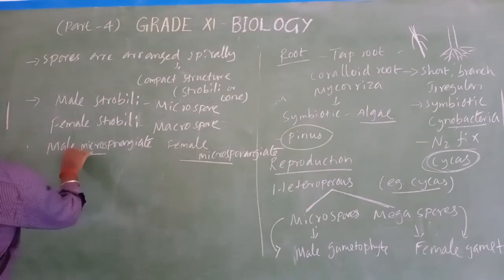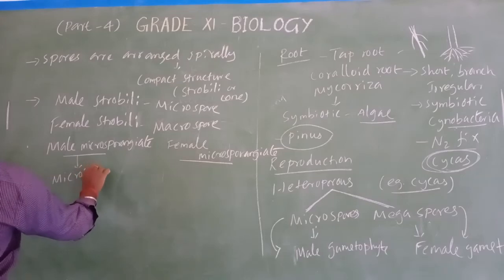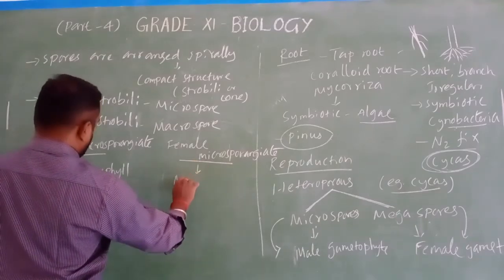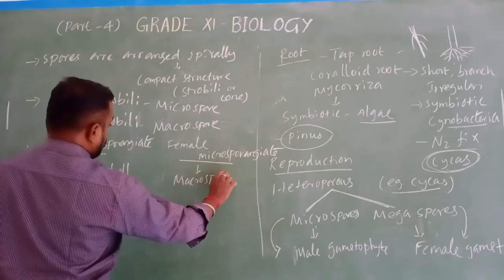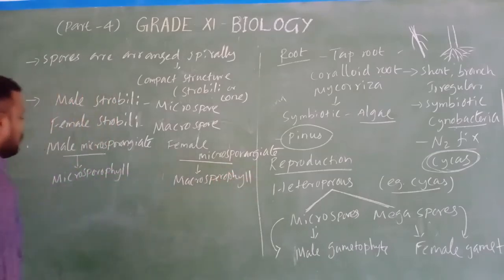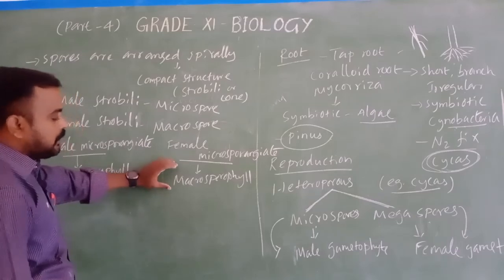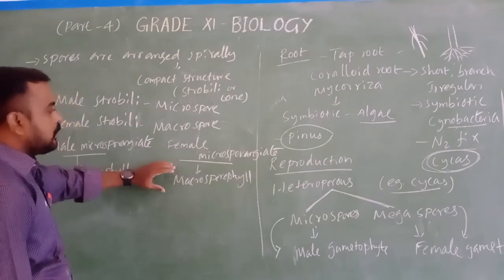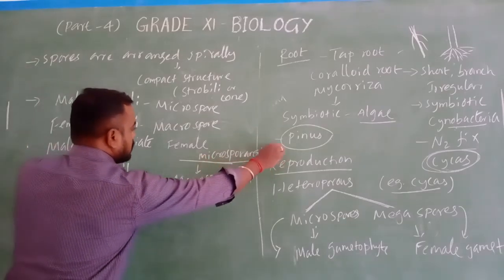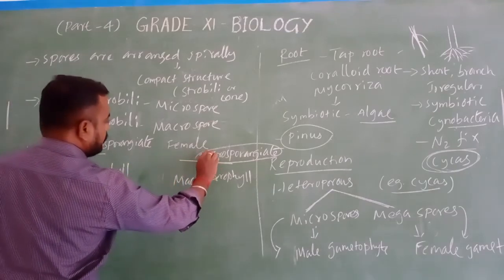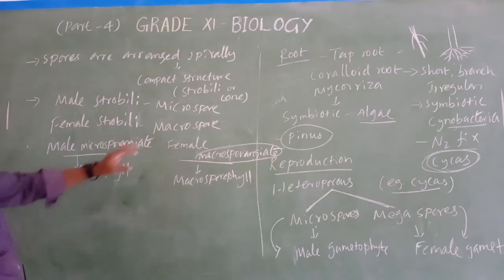The male microsporangiate consists of microsporophylls, and the female consists of macrosporophylls. The leaves plus the spores is what we call microsporangiate. Here the female one is the largest, so it is macrosporangiate.